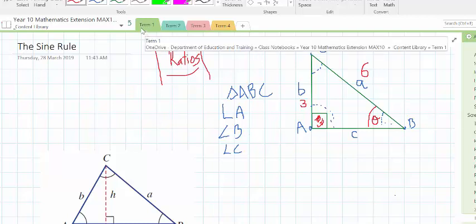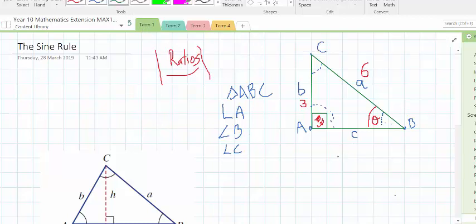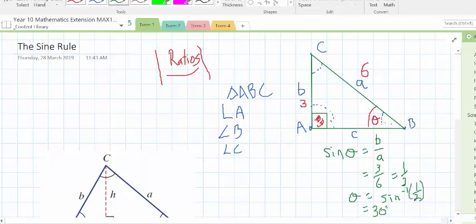So let's quickly do that. This is not new work. So we would have sine theta is opposite over hypotenuse, which would be, in this case, side B over side A, which would be 3 over 6 or a half. So to get theta, we take the inverse sine of a half, and that's 30 degrees. So that's something that should be straightforward by this stage.